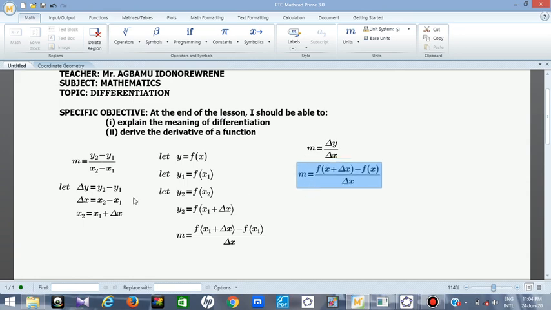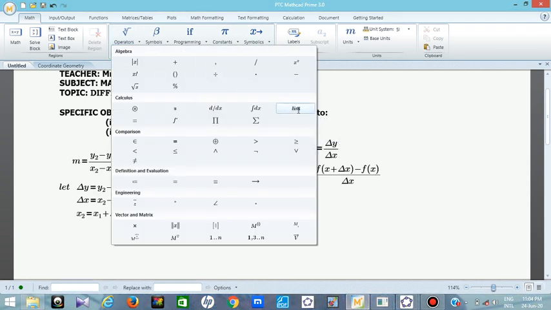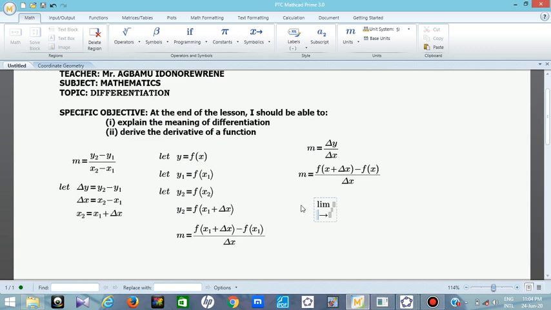Then as point A is approaching point B, as the position is changing along the line, you discover that this delta x is approaching 0. So what do we do in that case? You now take the limit. So you take the limit, then this limiting value is dy dx, which is dy divided by dx.